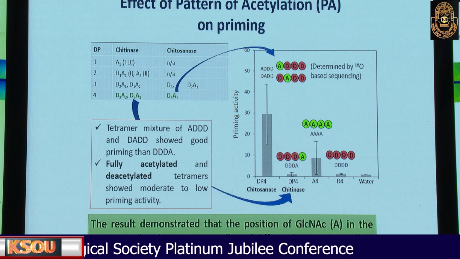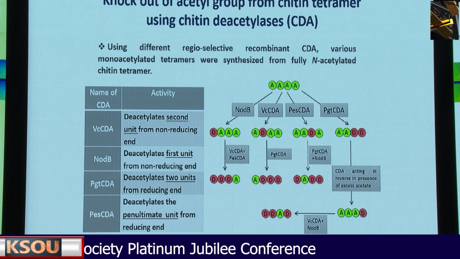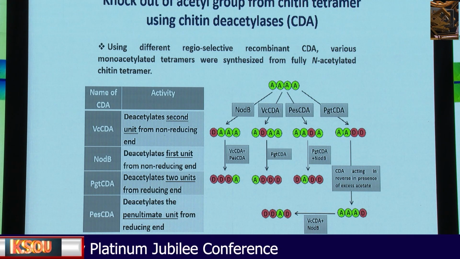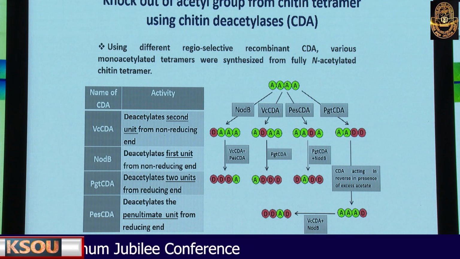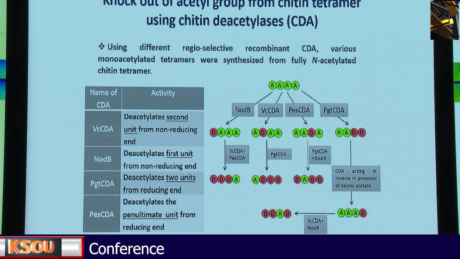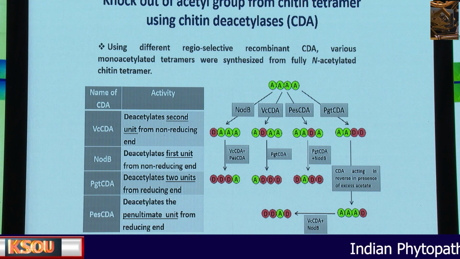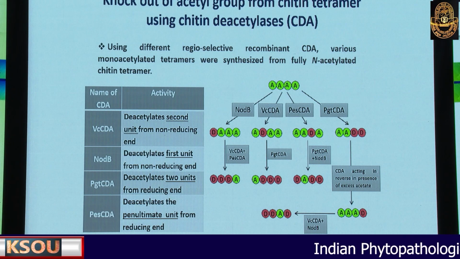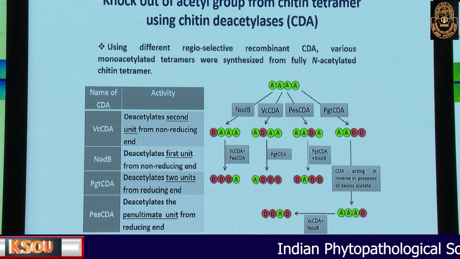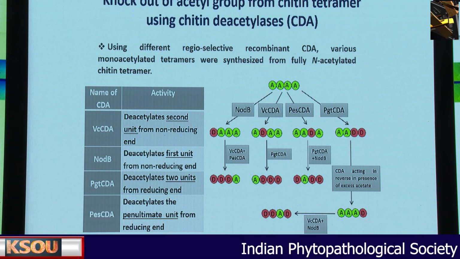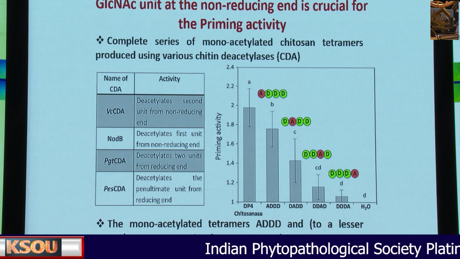Taking a clue from there, we tried to synthesize, making use of different kinds of chitin deacetylases, oligomers of defined pattern. You can see four different types of deacetylated residues that we have; tetramers with a defined pattern of acetylation we have generated.